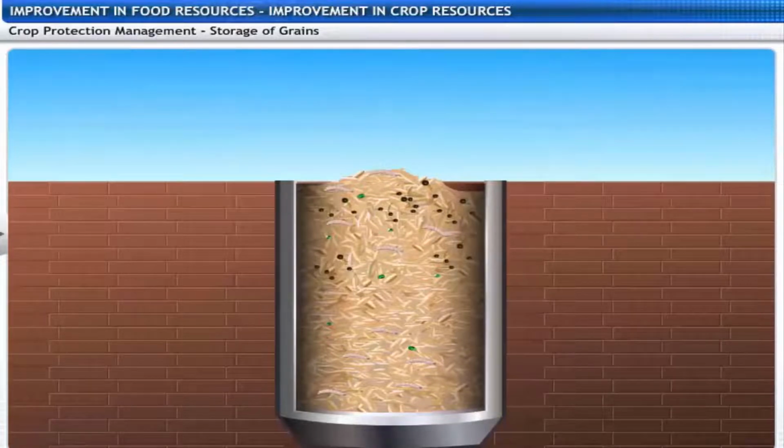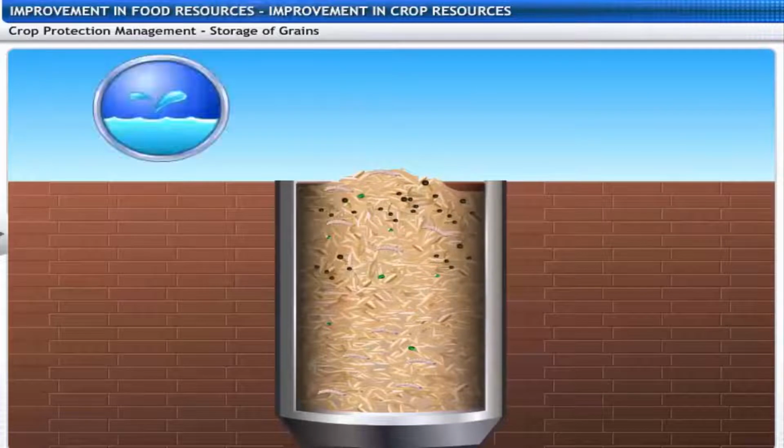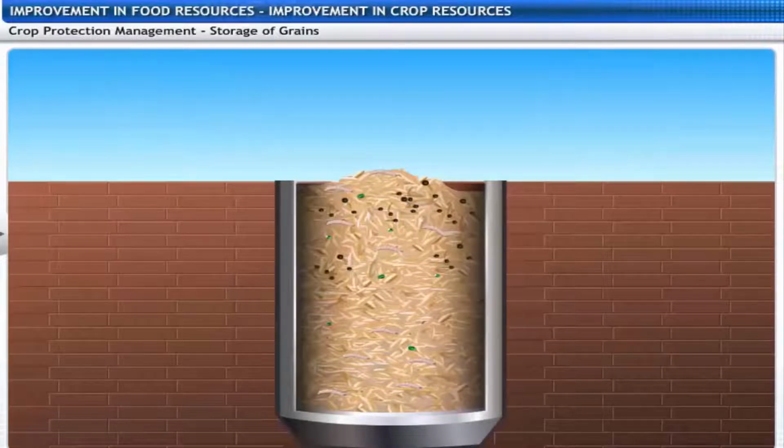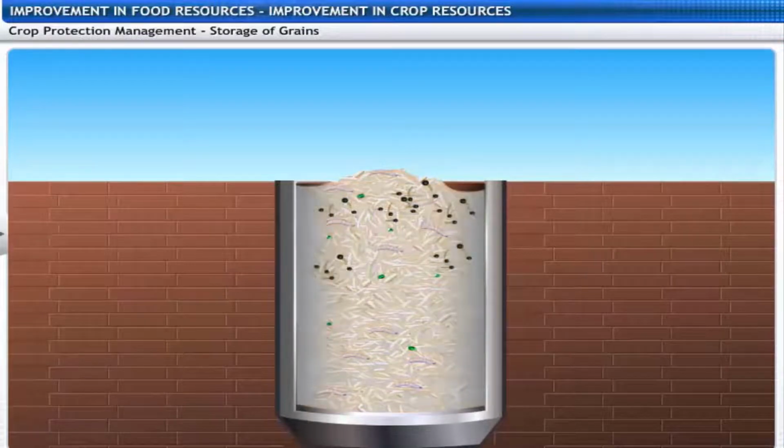Abiotic factors like inappropriate moisture and temperatures in the storage place also damage crops. These factors lead to loss in weight and discoloration of the grains, which leads to poor marketability.